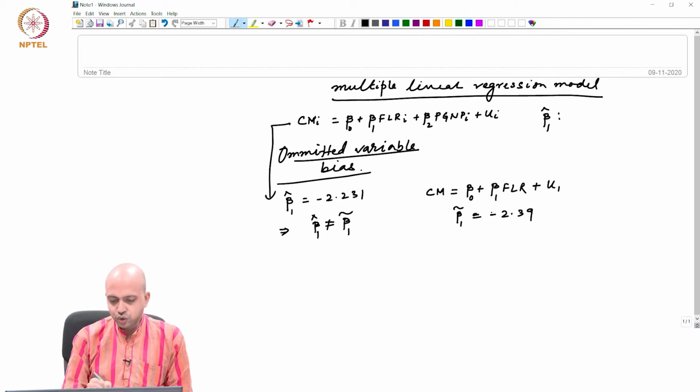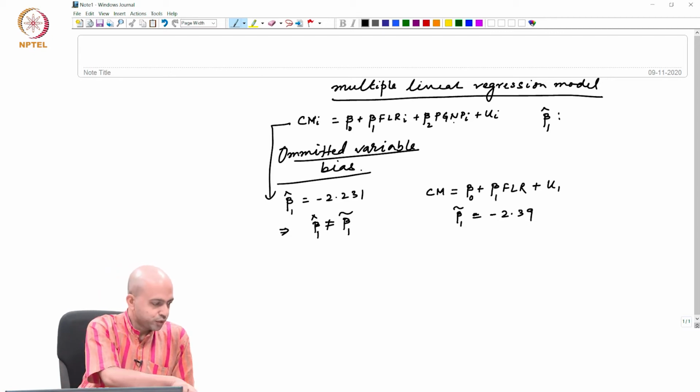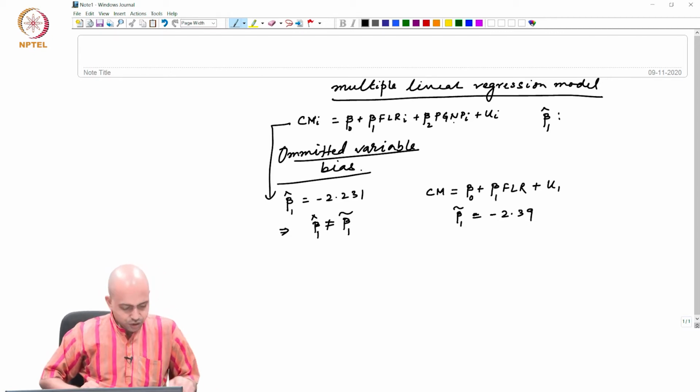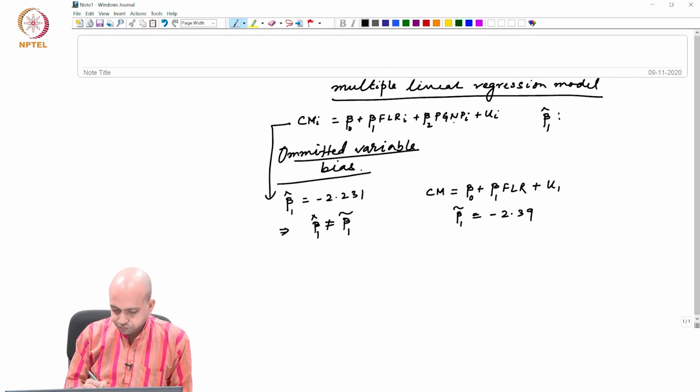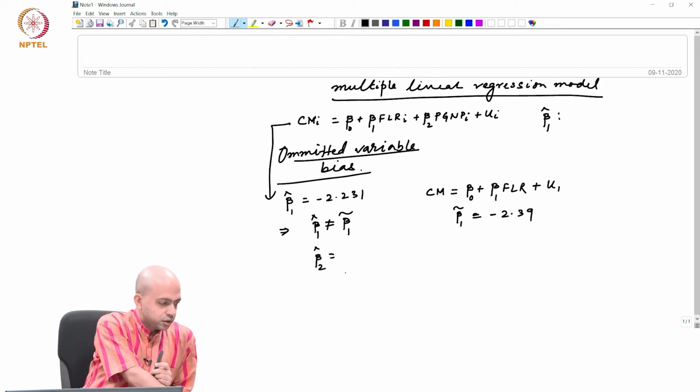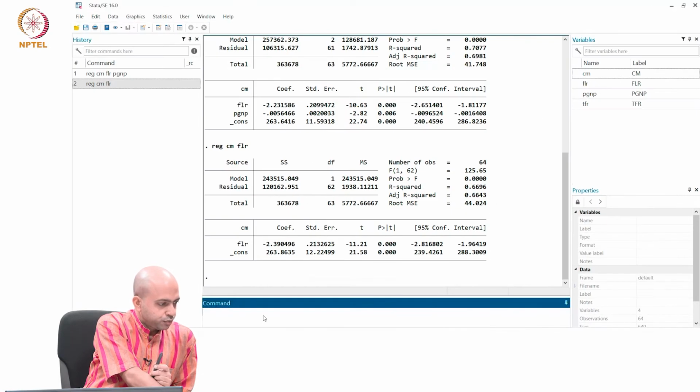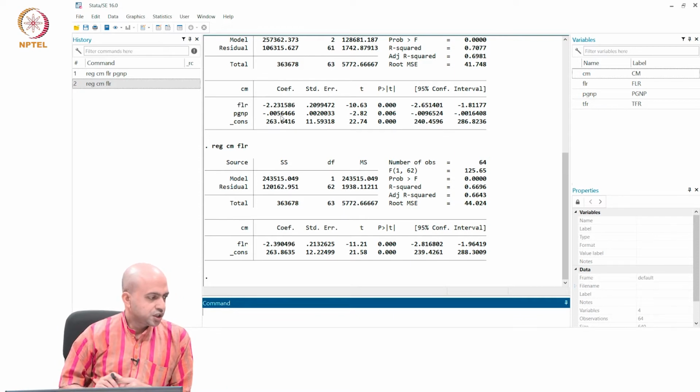Similarly, we will look at the estimate of PGNP also from the complete model. What is beta 2 hat? Beta 2 hat from the complete model, that means for PGNP, is minus 0.005.